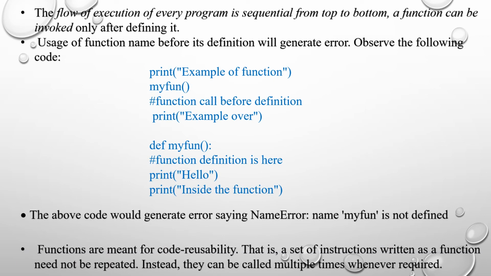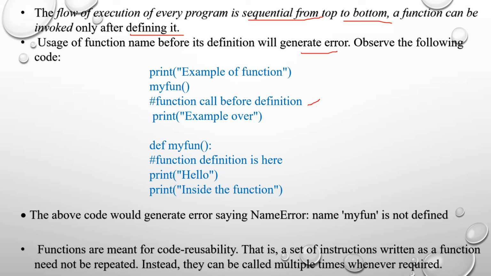The flow of execution of every program is sequential, top to bottom. A function can be invoked only after defining it. The usage of a function name before its definition will generate an error. Observe the following code. Here the print "example of function" and my fun, the function is called before definition.